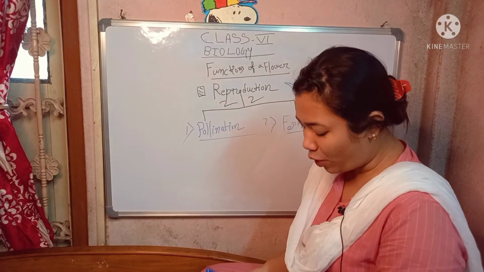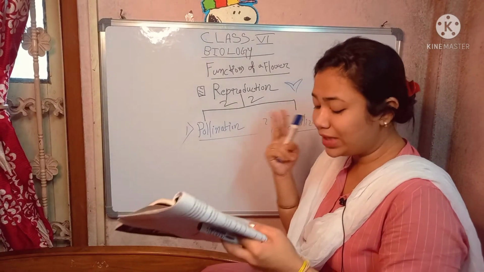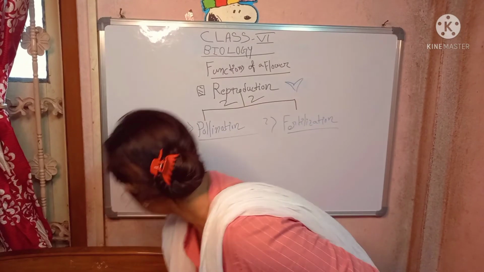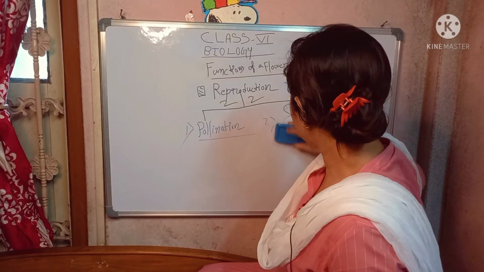Now we will come to the point types of pollination. There are basically two types of pollination.